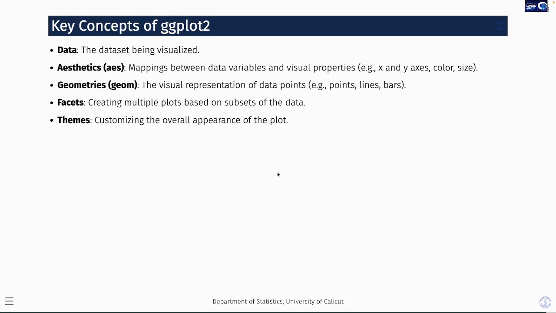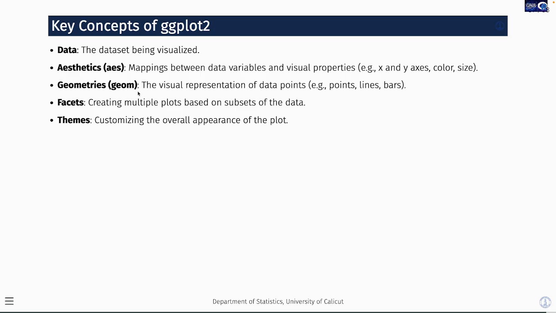When it comes to ggplot2, the key concept is first we need a data set that is being visualized, and then we need the aesthetics, or aes in ggplot2 language. Aes maps the variables in the data to visual properties, like what is the x-axis, what is the y-axis, and which variable represents the color or size of the plot. Then we have the geometries, called geom in ggplot2 language.